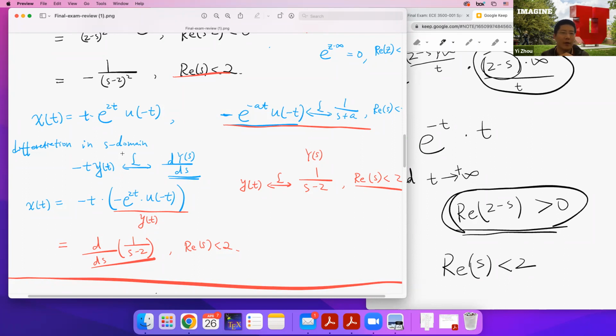So you need to clearly define what your original signal y(t) is. Here we define y(t) in this way. We can see from the differentiation property that it introduces a factor of -t, but there's no negative sign in the signal of interest. Therefore, I need to define y(t) with an additional negative sign so that in the end they cancel out. So this is my y(t). And for this y(t), its Laplace transform can be directly obtained from the existing table.